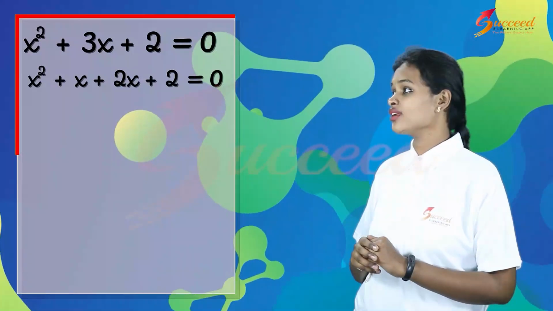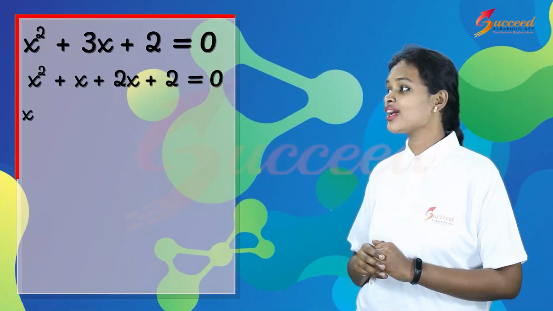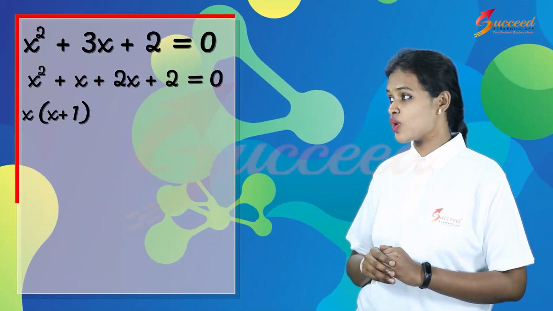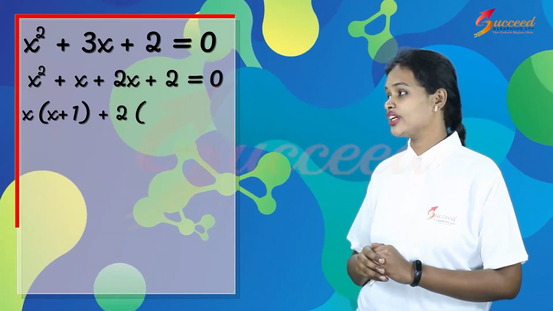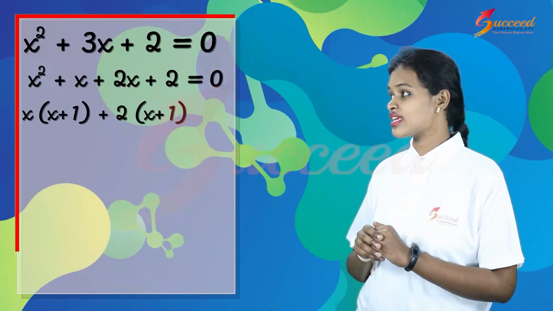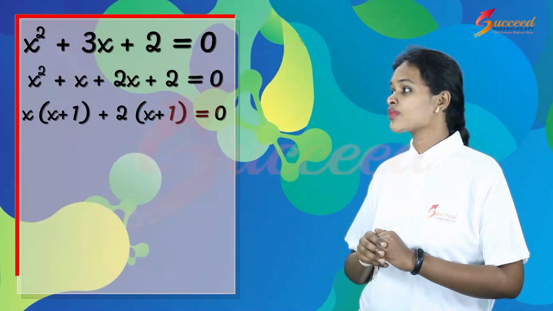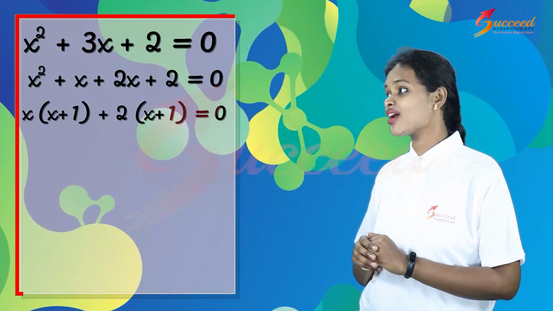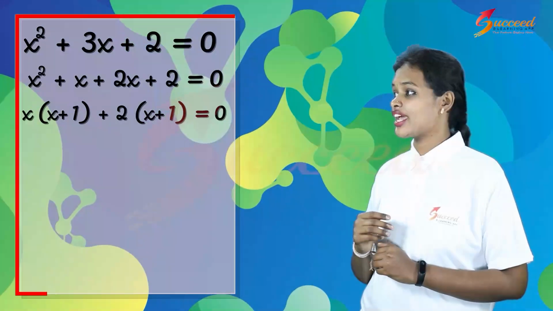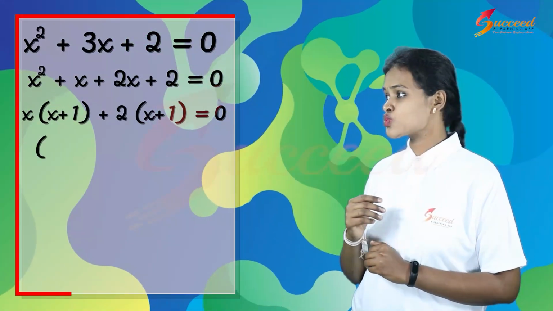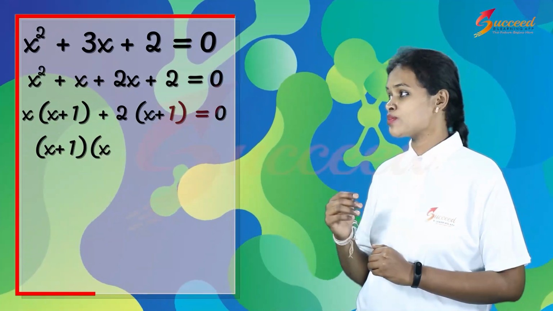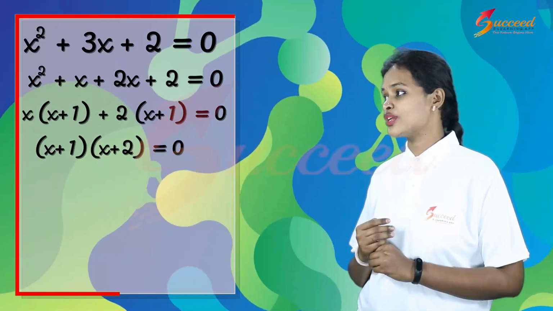Taking common in the first two terms, we get x into x plus 1 plus 2 into x plus 1 is equal to 0. In this, the factors are x plus 1 and x plus 2. x plus 1 into x plus 2 is equal to 0.